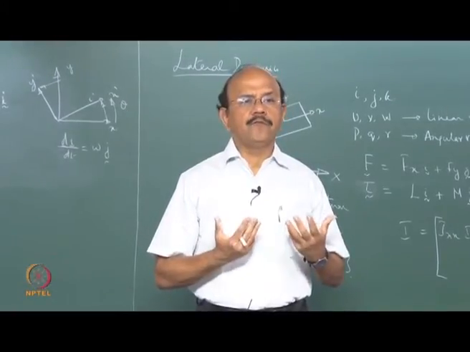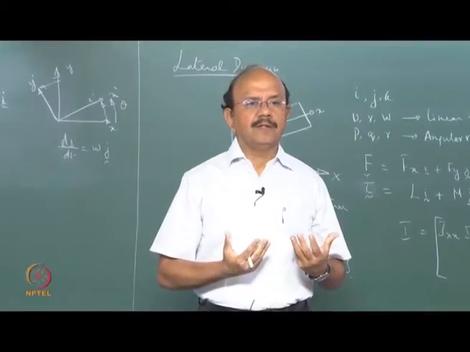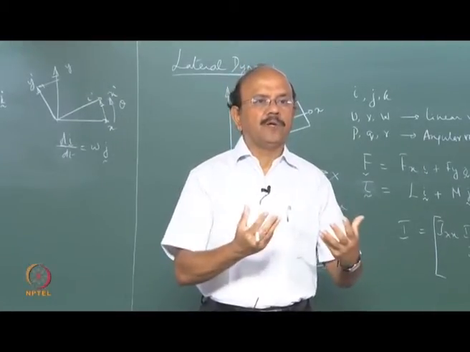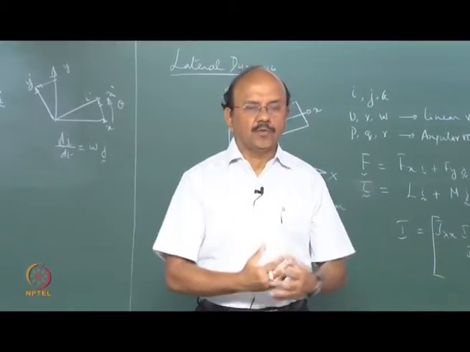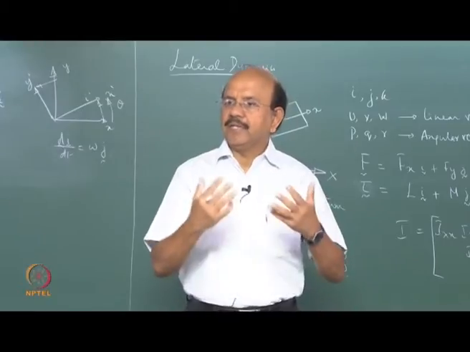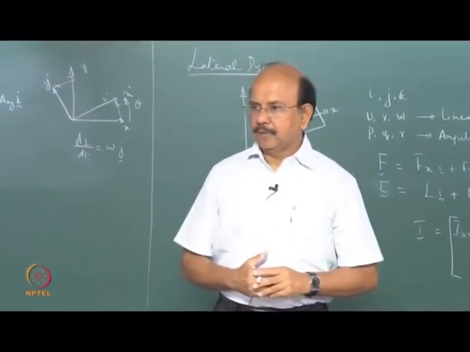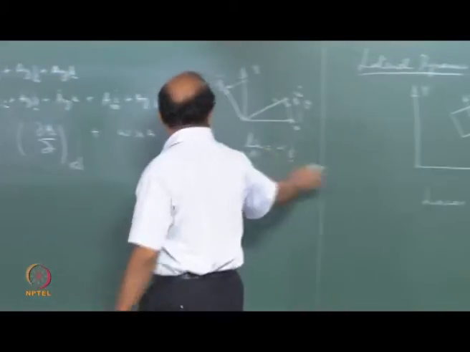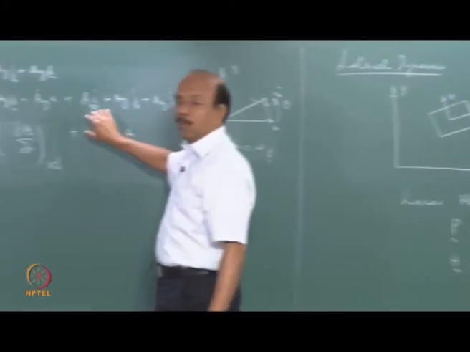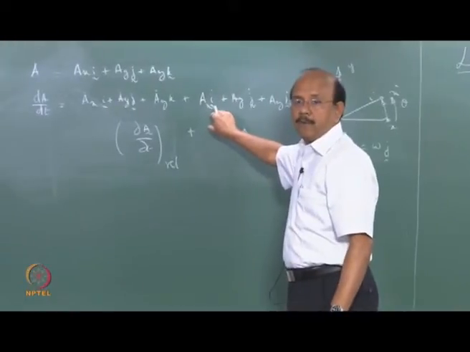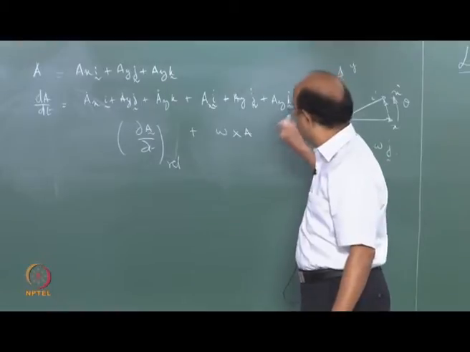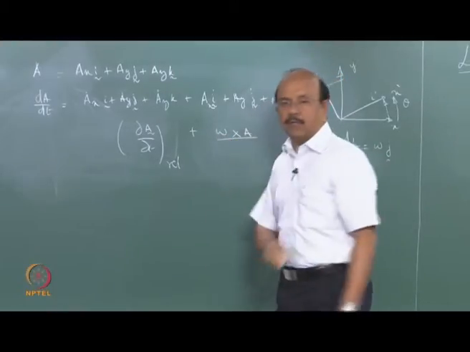The physical meaning of the first term is simply that that's what an observer who's sitting in the body-centered coordinates would see as the rate of change of A. Because I have to apply my formulas in terms of the inertial frame of reference, when the body-centered coordinates change with time, I take that into account as well by putting in omega cross A.